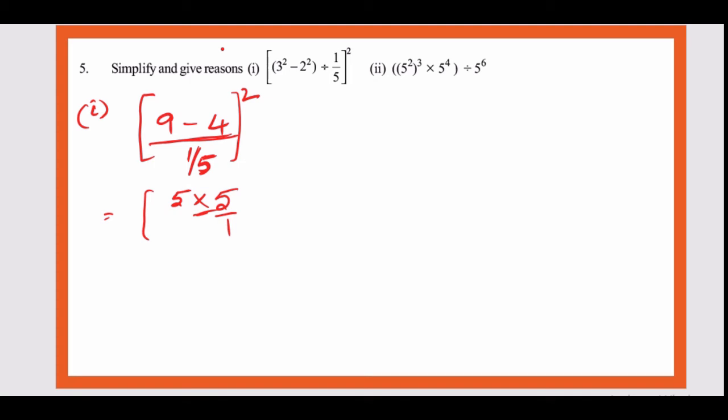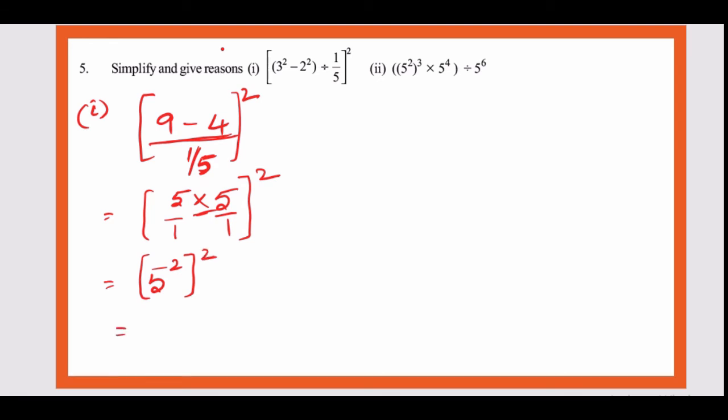So whenever you have a fraction in the denominator of a fraction, if you want to bring it to the numerator, simply reciprocate and multiply. So whole squared. Now if there is nothing, that means it has 1 in the denominator. So 5 into 5 is nothing but 5 squared. So 5 squared whole square.